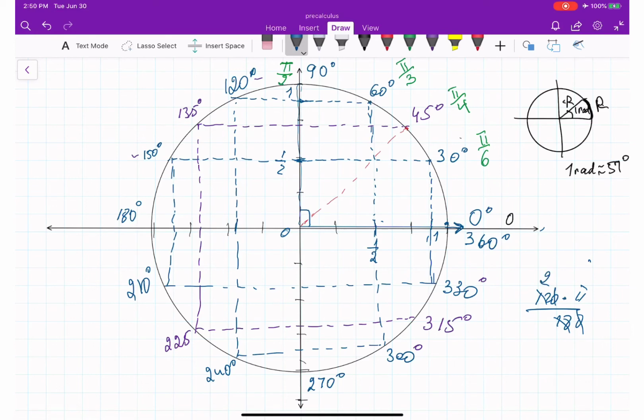This is 2, this is 3. So it will be 2 pi over 3. Okay. And accordingly, 135 will be 3 pi over 4. And then 150, 5 pi over 6.